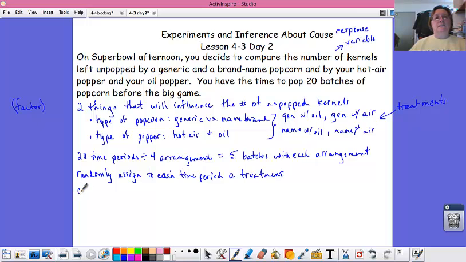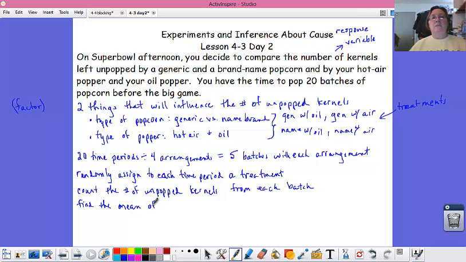So we want to count the number of unpopped kernels from each batch, but we also want to find the average or the mean of unpopped kernels from each treatment.